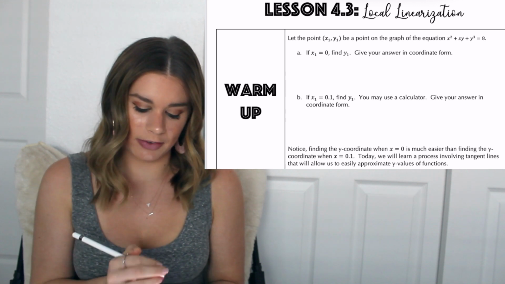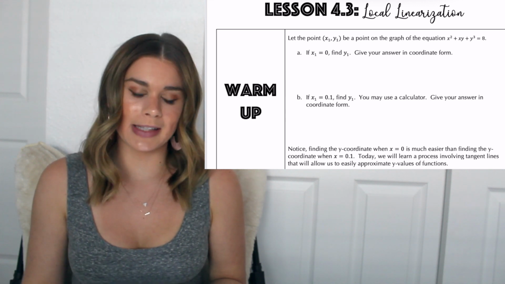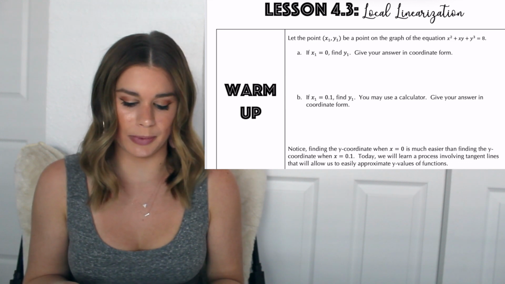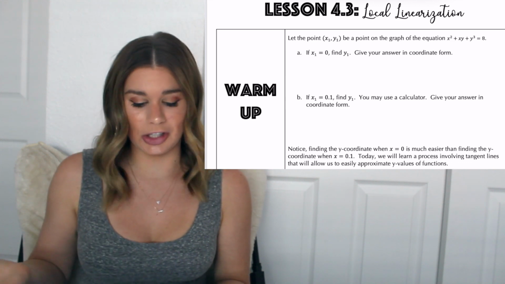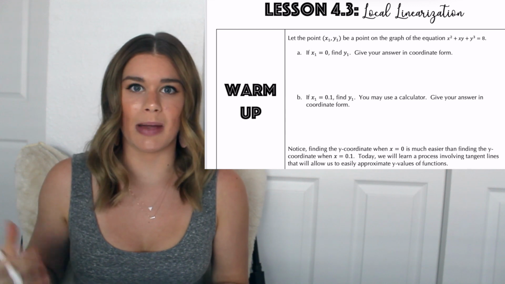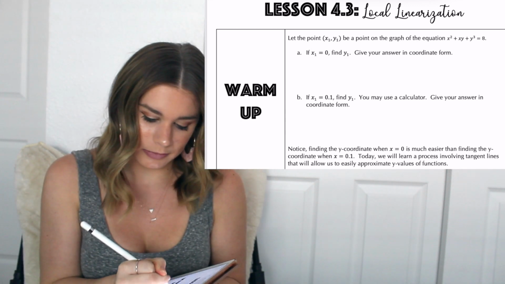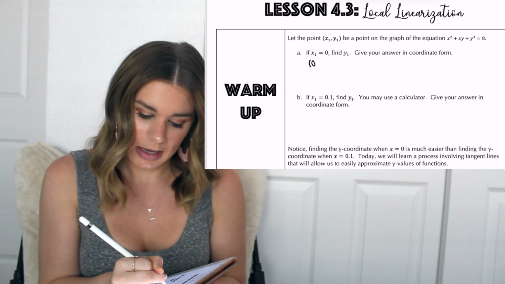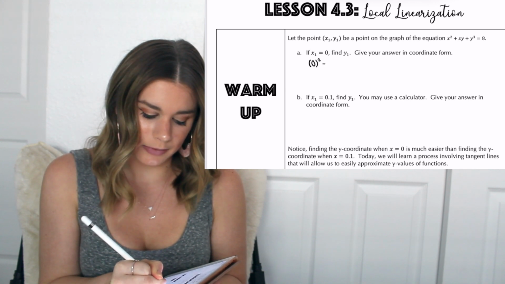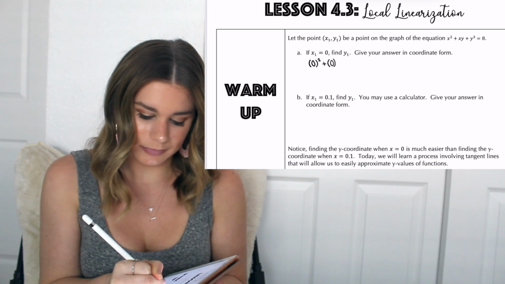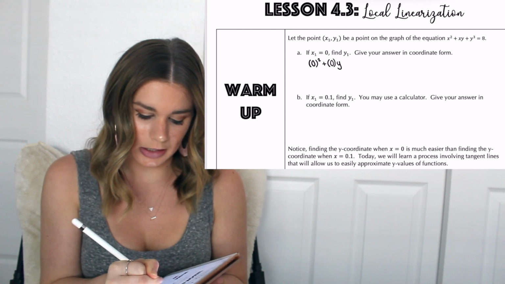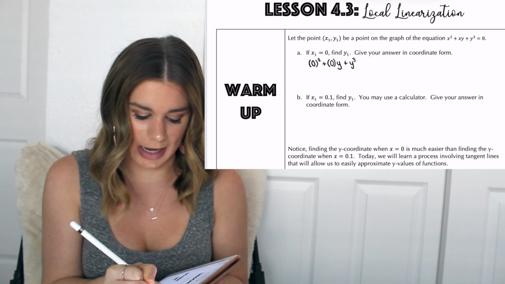Okay, so let's go ahead and go through this. Now, we have our function, which is x squared plus xy plus y cubed is equal to 8. So really, all I need to do is anywhere I see an x, I'm going to sub in a 0. So I have 0 squared plus 0 times y plus y cubed is equal to 8.